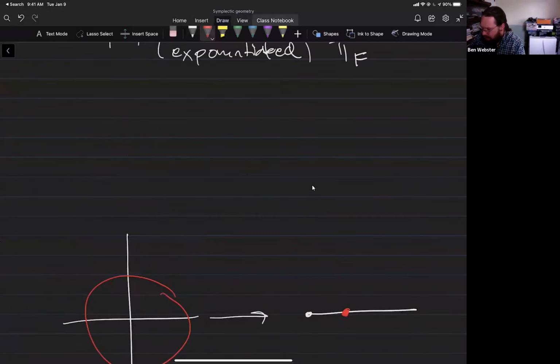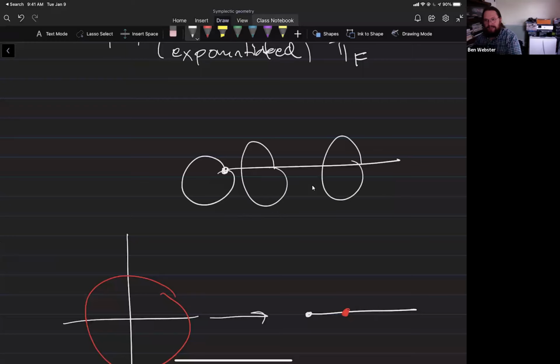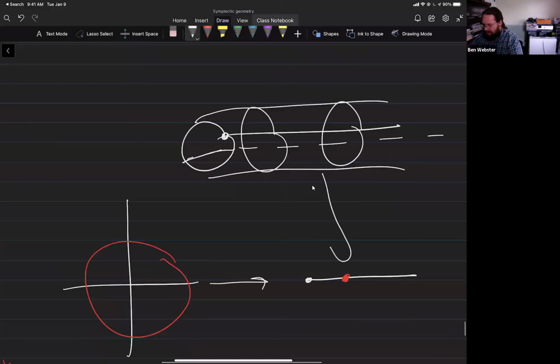And what the construction I did before does is it says, okay, I can take R plus, multiply that by a circle to get a cylinder, right? And the map of this down to R becomes a bijection with C if I take this circle here and smush it down, right?